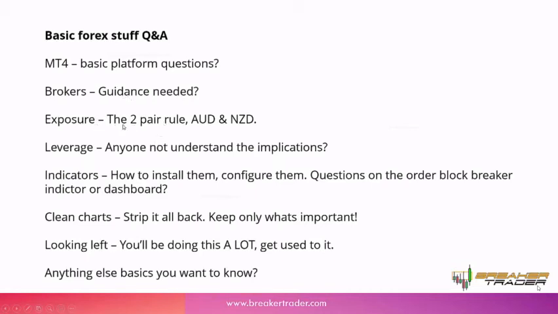Exposure. You will need to understand exposure on pairs. I personally have a 2-pair rule, so I will only trade 2 pairs on one currency. If I'm taking a trade on the pound US, and I also take a trade on the pound yen, I am on the pound twice.